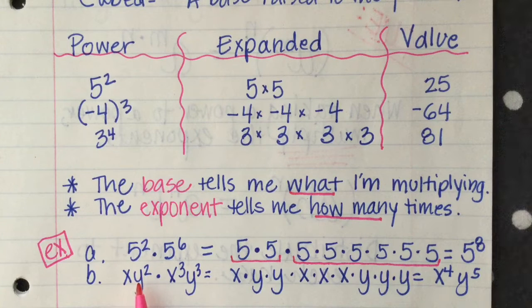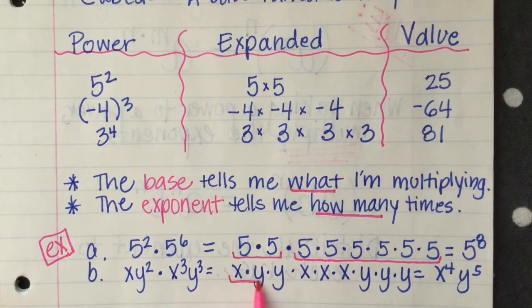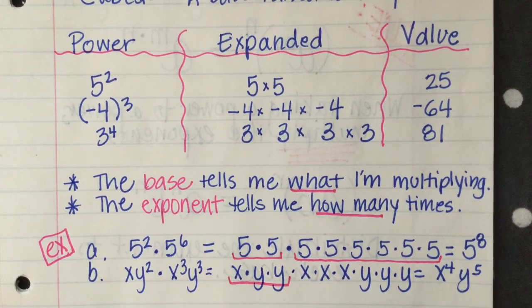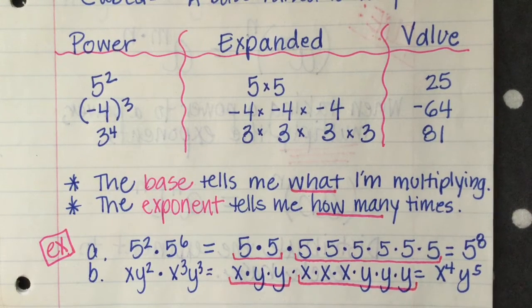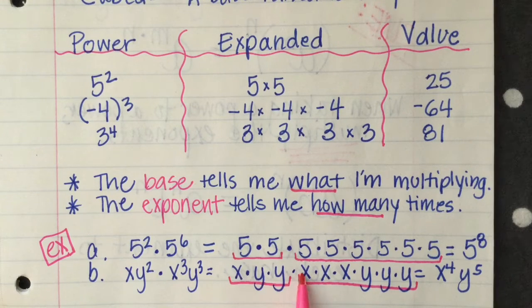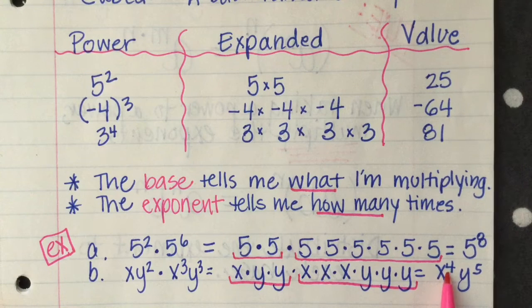You can do the same thing even if you have multiple bases. So here I have a base of x and y. And all I did was write out, if I have x, y squared, that means I have 1 x and 2 y's. X cubed, y cubed means I have 3 x's, 3 y's. When I multiply all that together, I have 1, 2, 3, 4 of these x's, so x to the 4th.